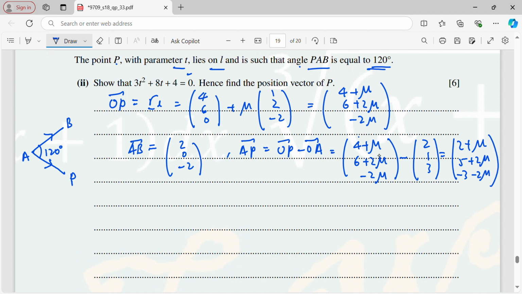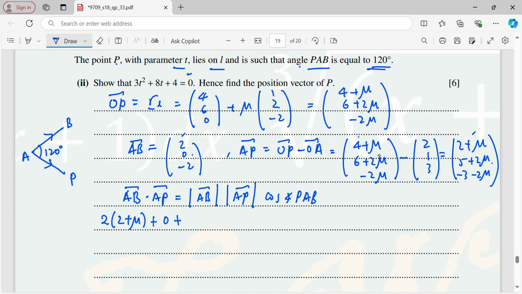And now, according to the scalar products formula, so AB dot AP equals to magnitude AB times magnitude AP times cos theta, cos angle PAB. Okay, then from here, AB dot AP, so I will write 2 times 2 plus mu plus 0 times 5 plus 2 mu, that is 0, plus negative 2 times minus 3 minus 2 mu.